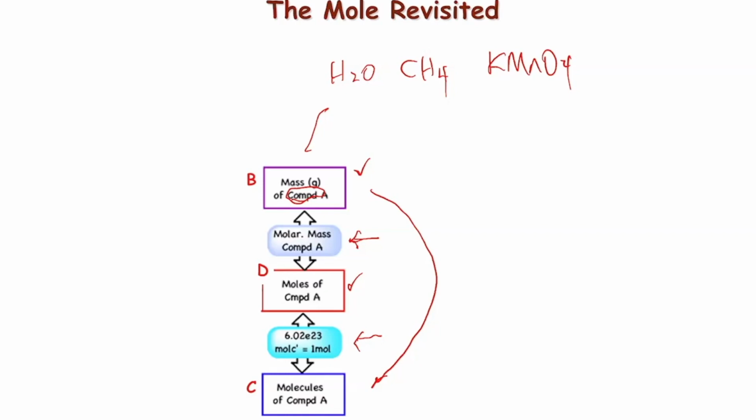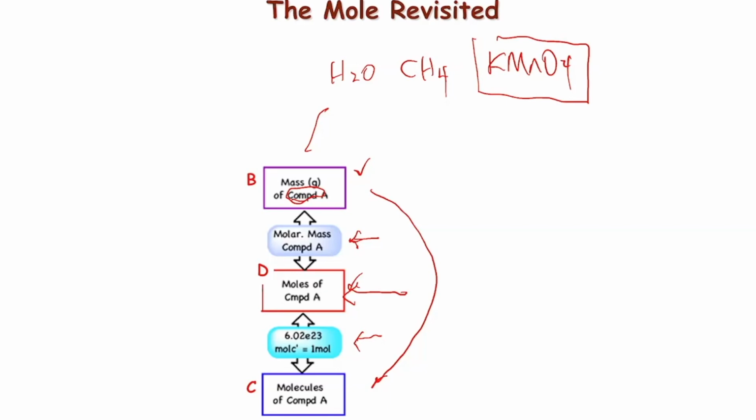But suppose I've got KMnO4 right here, and I want to know what mass of oxygen is in 1 mole of potassium permanganate, KMnO4. Well, if I have 1 mole of potassium permanganate, I don't really have a way to figure out what mass of oxygen there is. I need a different path.